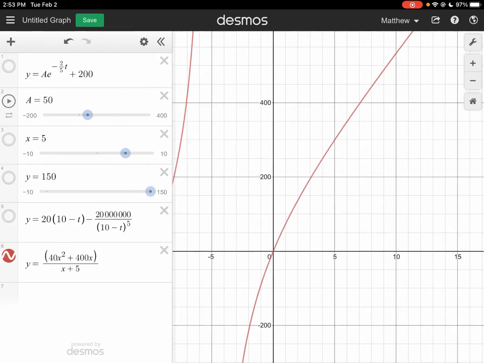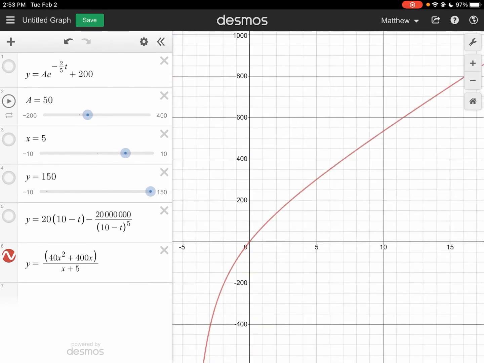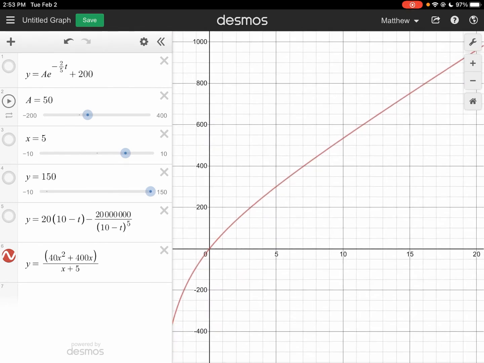Okay, so here is our model for how much salt is in the tank as a function of time. Now, this model does not take into account that the capacity was 40 gallons. We determined that time 15 is where we want to stop this, because the tank will start to overflow after 15 minutes.